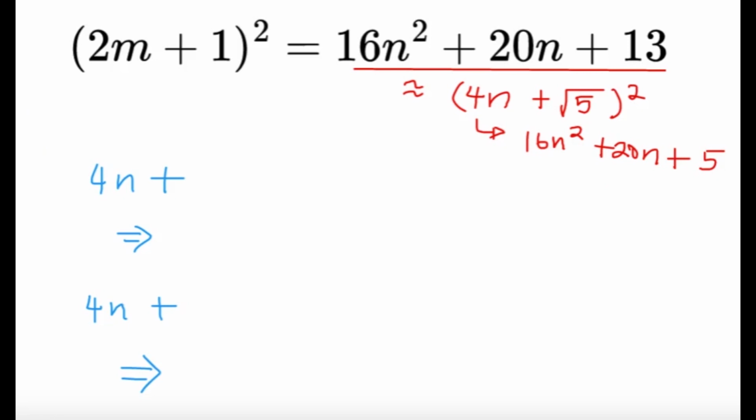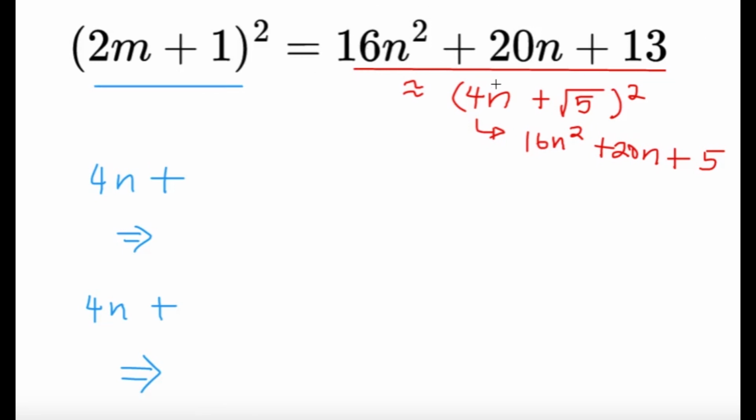It's a very standard technique in solving quadratic Diophantine equations that we might be able to sandwich an expression between two perfect squares. For example, 16n squared plus 20n plus 13 must be a perfect square, because the left-hand side is 2m plus 1 quantity squared.